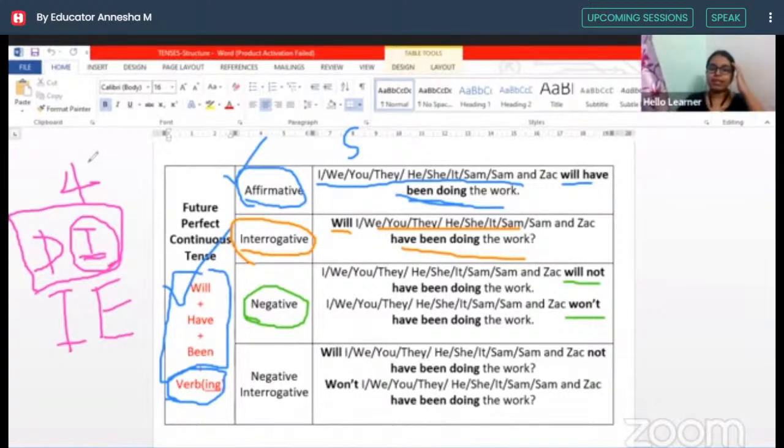Understood? So for example, instead of saying I will have been doing the work, I'll say will I have been doing the work. And the sentence structure changes. The first one, I will have been doing the work, is a declarative sentence. But as soon as I say will I have been doing the work, it becomes interrogative. It becomes a question. Understood, Neha?